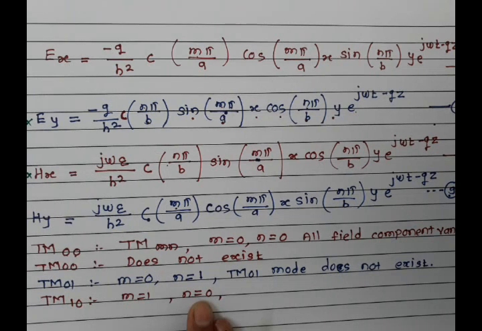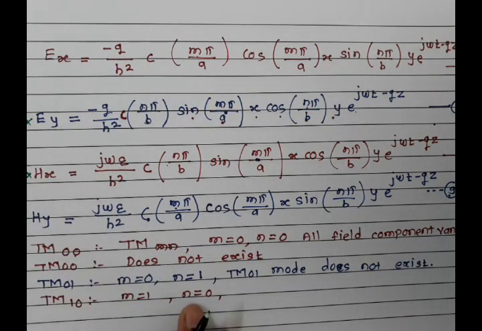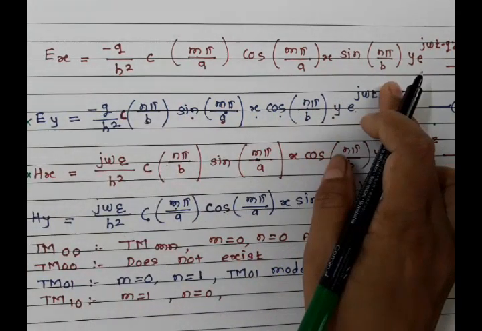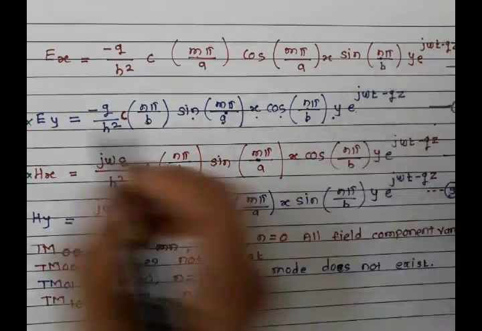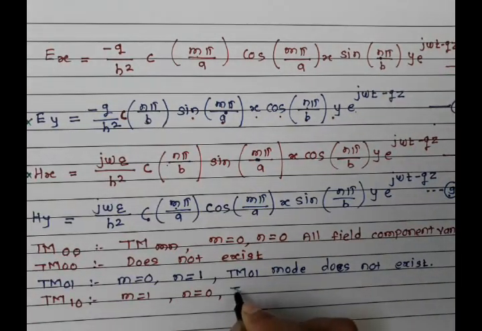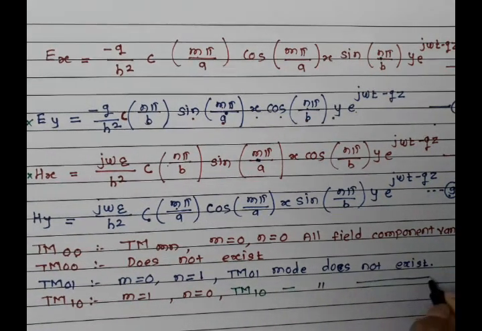So for the TM10 mode, where n is equal to 0, sine 0 will be 0, so this whole term becomes 0. Then you put n equal to 0 in the other term too, so that also becomes 0. So all field components vanish and you can say TM10 mode does not exist.